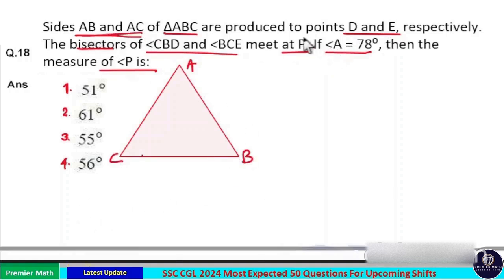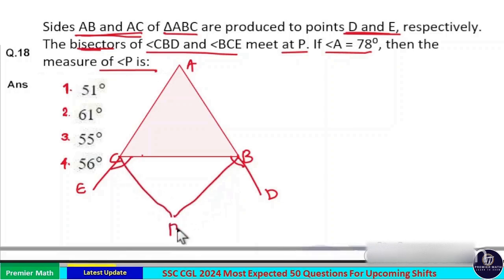And AB and AC are produced to D and E. Now, bisectors of angle CBD and BCE. This is angle CBD and this is angle BCE. Now, bisectors of these two meet at point P. This is point P. And here angle A is 78 degrees. Then we have to find out what is angle P here.